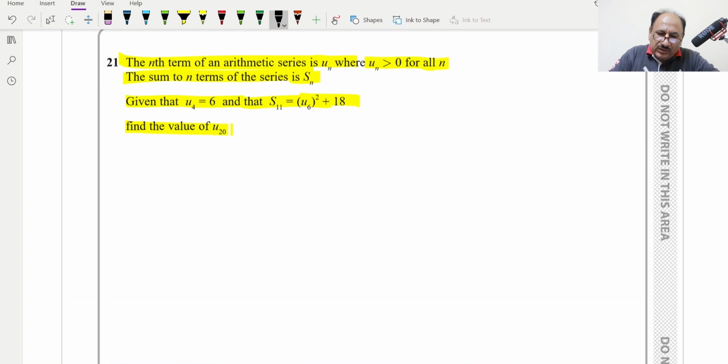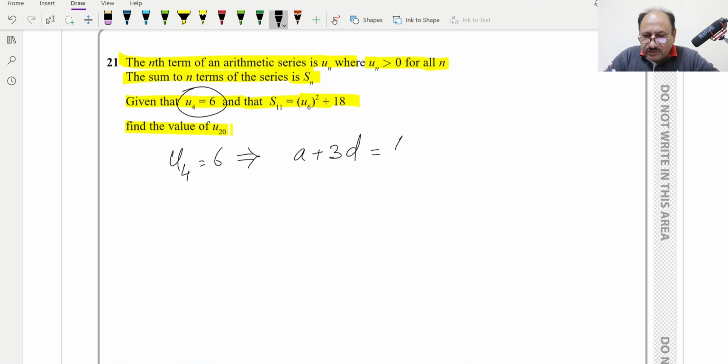First of all, this is provided: u4 is equal to 6. This implies a plus 3d, which is a plus n minus 1 into d, is equal to 6. This is the fourth term, equal to 6, according to the condition of the question.